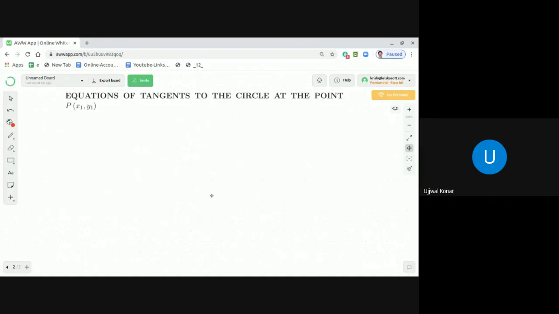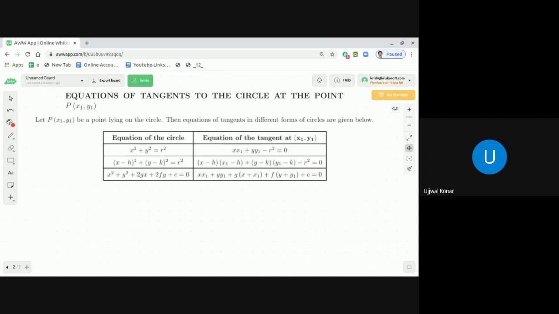If I give a symbolic representation, suppose the circle is something like this, and we are going to find the equation of the tangent. Suppose I draw the tangent in a blue line. So this is the tangent.